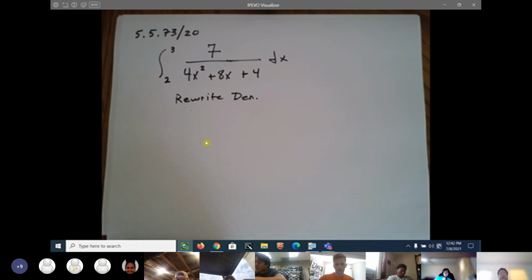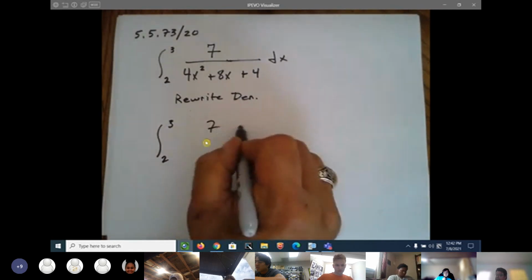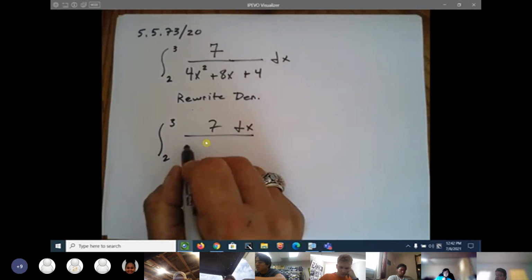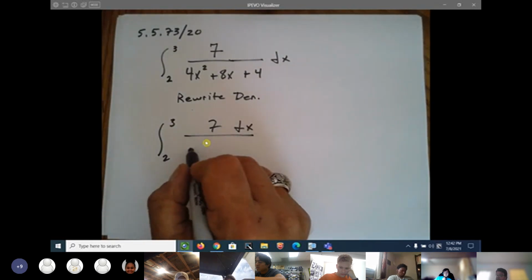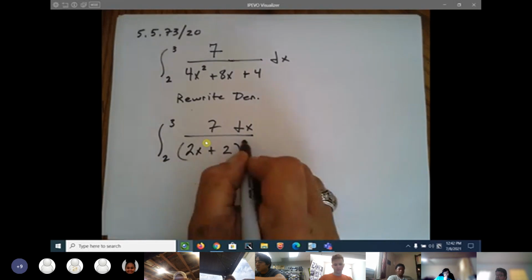So it's going to be 2x plus 2 quantity squared. So from 2 to 3, 7 dx over 2x plus 2 quantity squared.